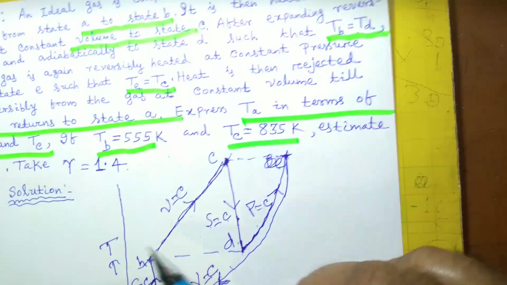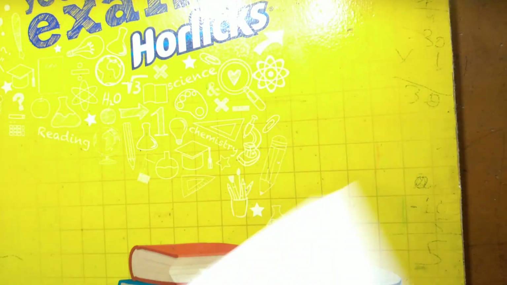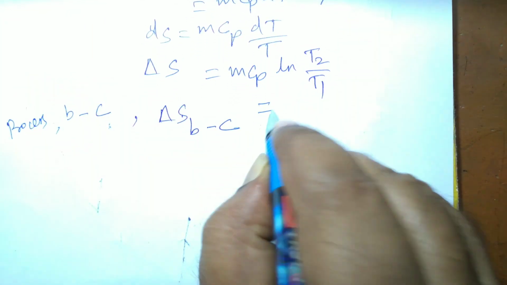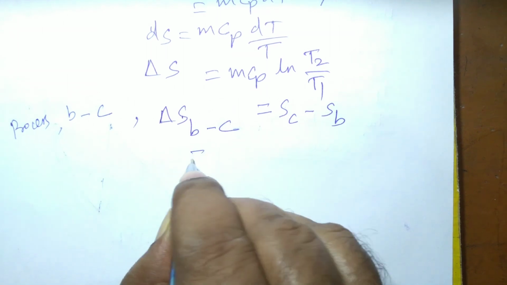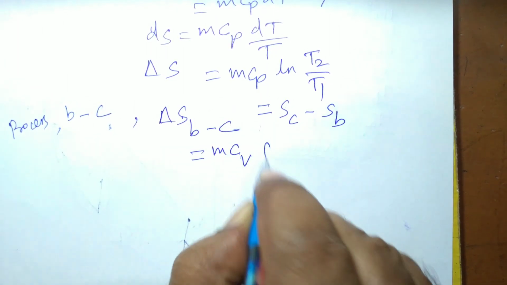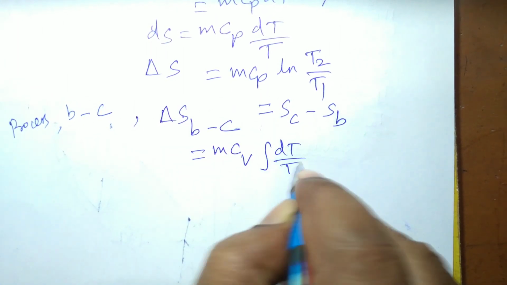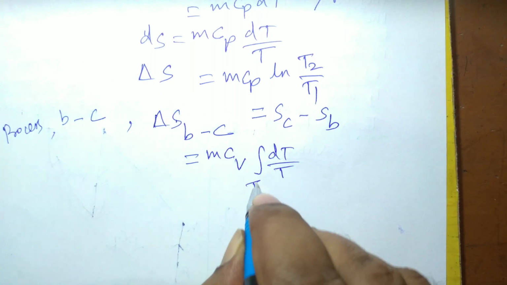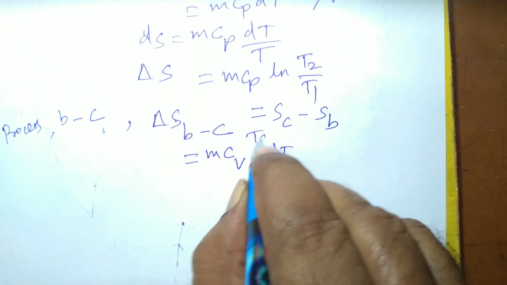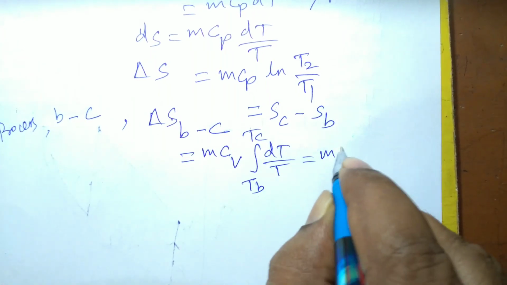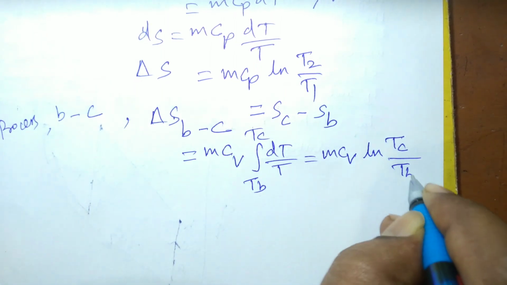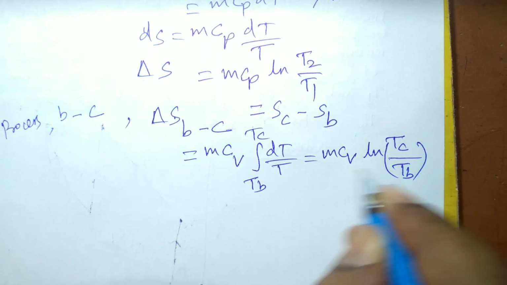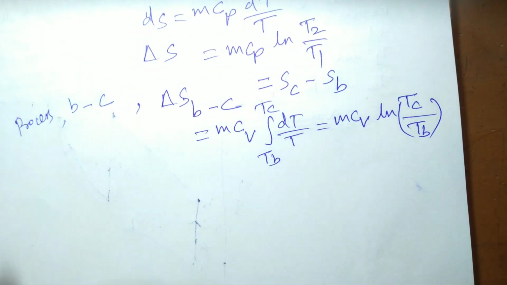BC you see is a constant volume process. So delta SBC will be nothing but SC minus SB is equal to mCv dT upon T, and the limit is from TB to TC. This is equal to mCv ln TC upon TB. This is the change in entropy during BC.